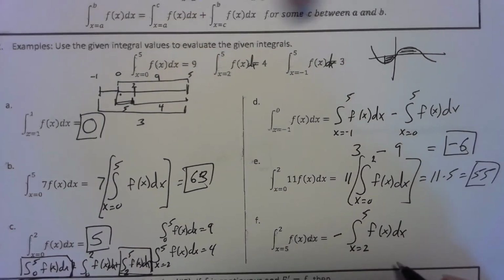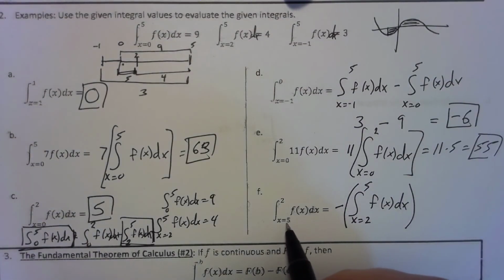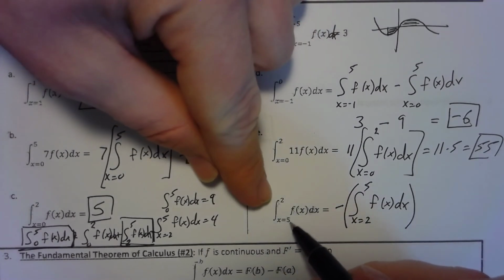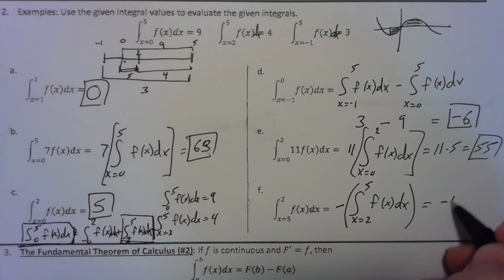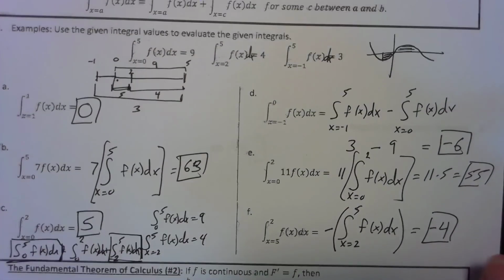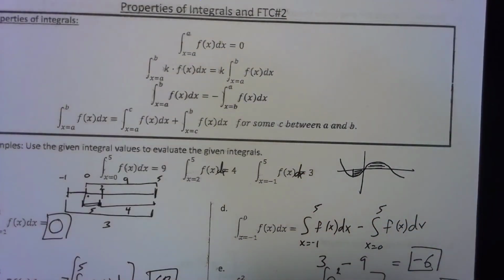Now keep note that this also allows us to view this as simply a formula. Anytime I want to switch these bounds because I don't like the bounds that they're given, I can swap the order of the bounds and put a negative out front of that integral, in which case I have -4 as that value. These are the properties of integrals. Again, all of these properties hold true for any continuous function that we choose to work with.